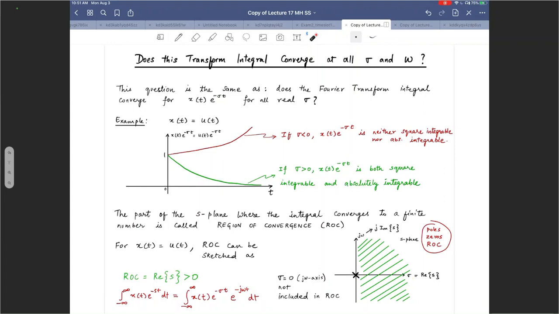So let's try to recap here. The part of the S-plane where the integral converges to a finite number is called the region of convergence, which is ROC, shaded in green over here, right? So green things in this particular slide and in general here, I will use green to indicate things are stable, things are moving in the right direction, things will converge.